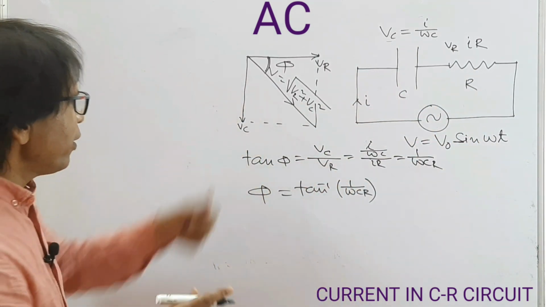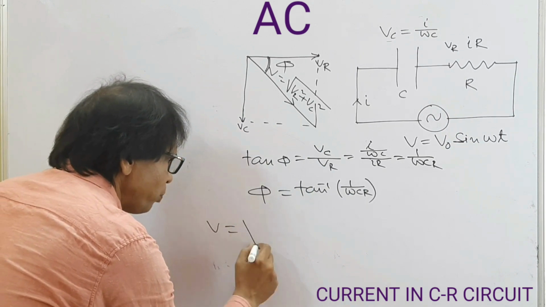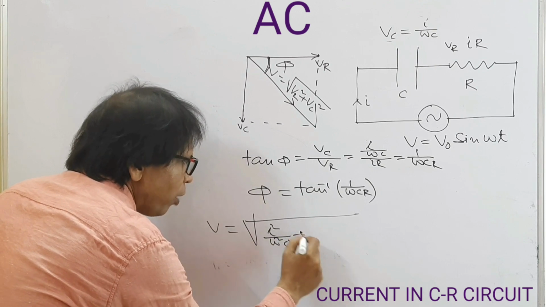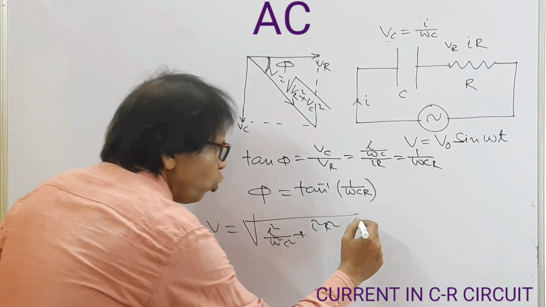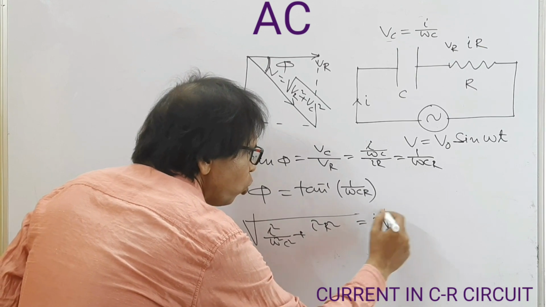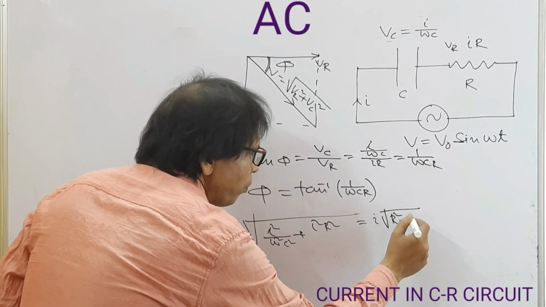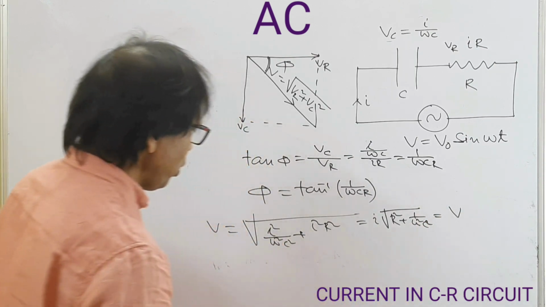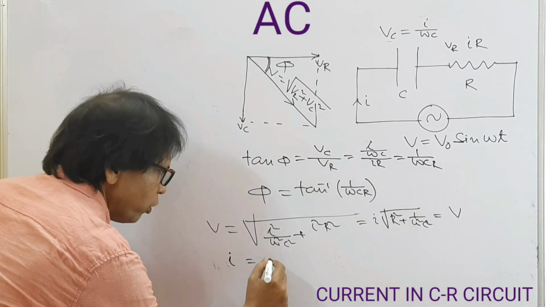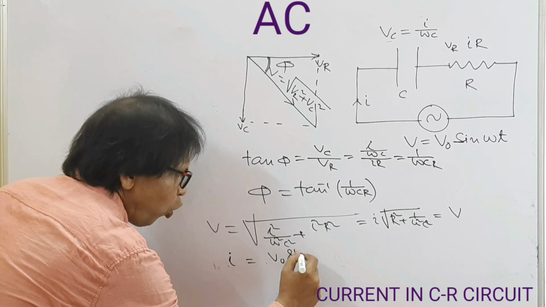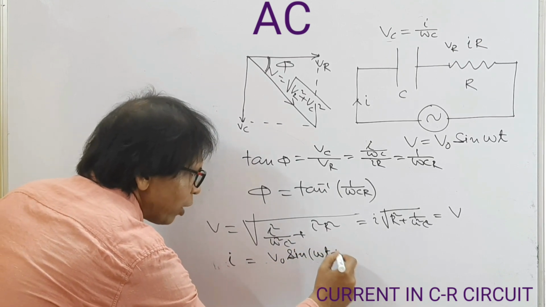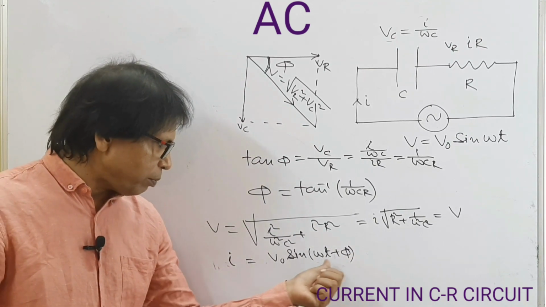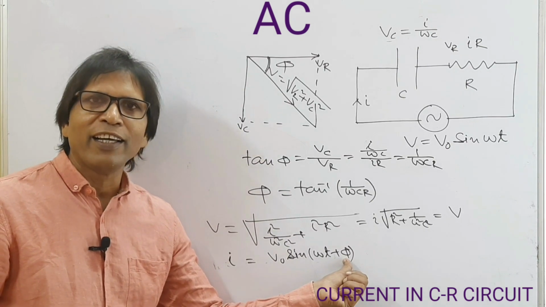Now V equals root of I square by omega square C square plus I square R square. So I into root under of R square plus 1 by omega square C square equals V. So I equals V naught sine omega t plus phi. As current leads the voltage, this becomes omega t plus phi.